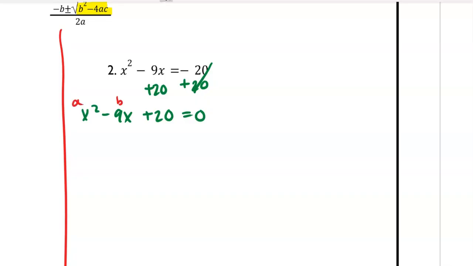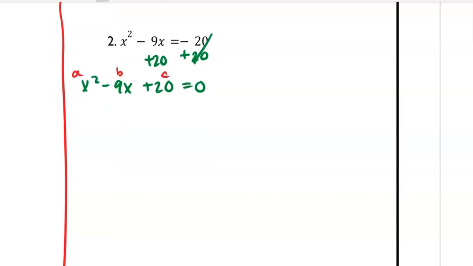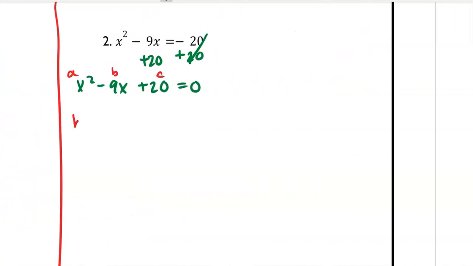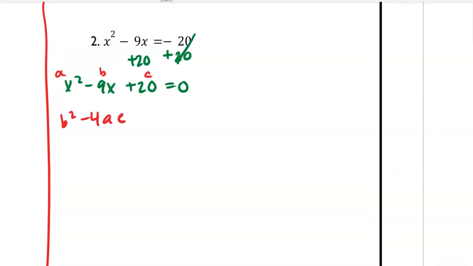Now we can label a, b, c and start with our discriminant. Our discriminant, what color did I use? Purple? We'll use red. b squared minus 4ac, where b is negative 9, a is 1, and c is 20.